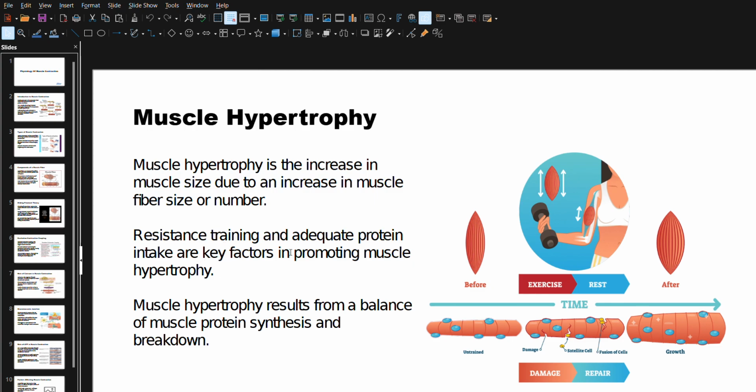Muscle hypertrophy results from a balance of muscle protein synthesis and breakdown. Here you can see before and after: before the size, you can check out here, and after the size. This is muscle hypertrophy.